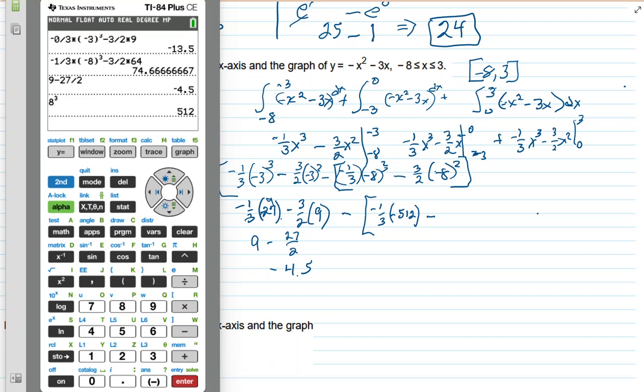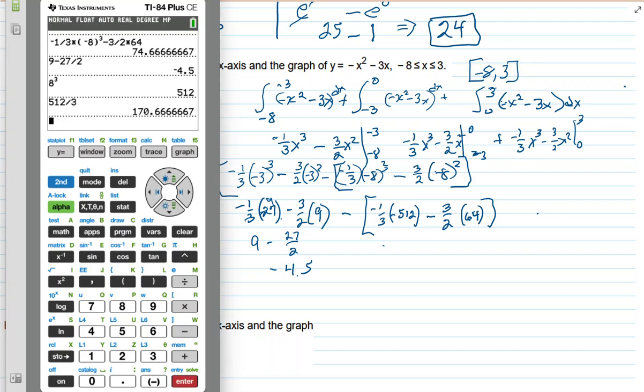Minus, and this guy, I had it right, was 64. So go in there, won't it? 5, 6, yep. So I'm going to have a positive, and I'm dividing by 3. Oh, it's not. I said 6.